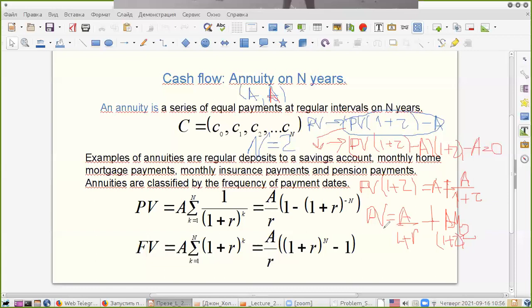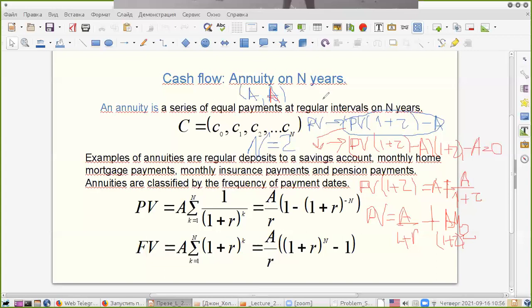So we have the formula. Present value equals A divided by 1 plus r, plus A divided by 1 plus r squared. But it's only for 2 years.